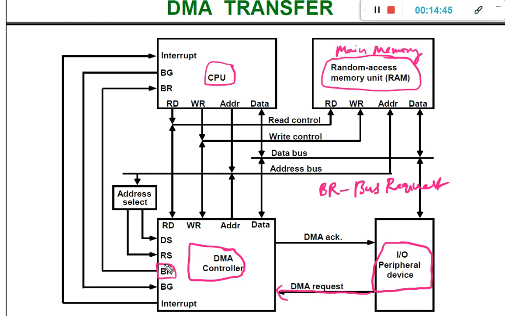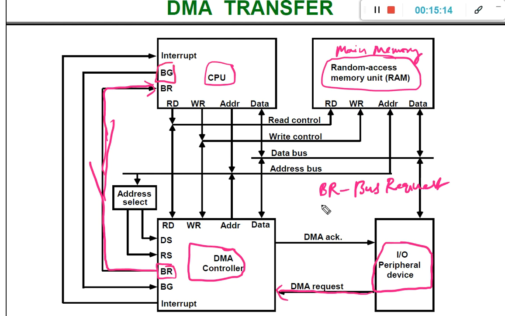Then this bus request will be transmitted from the DMA controller to the CPU. The DMA controller is going to ask the CPU for the bus by sending the BR request. Then the CPU will decide whether to grant the bus request or not, and it may grant the bus request by initiating the control signal BG.